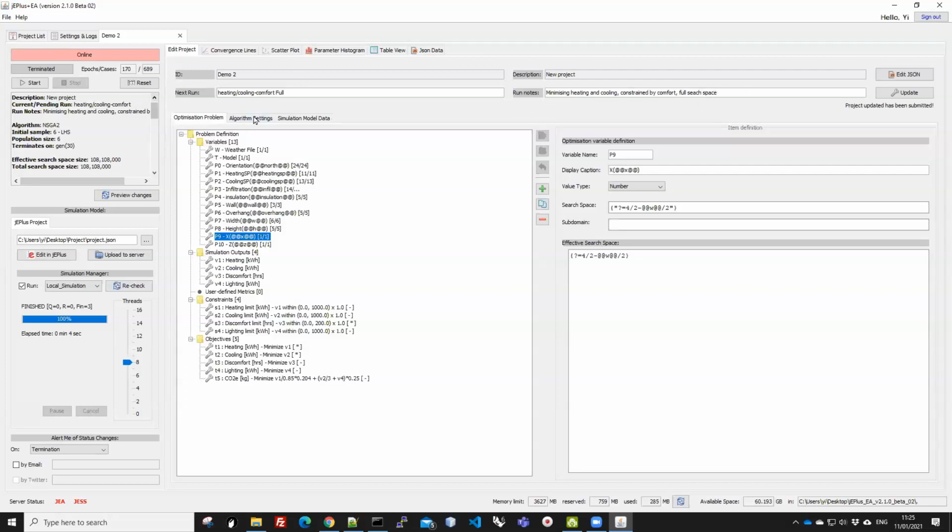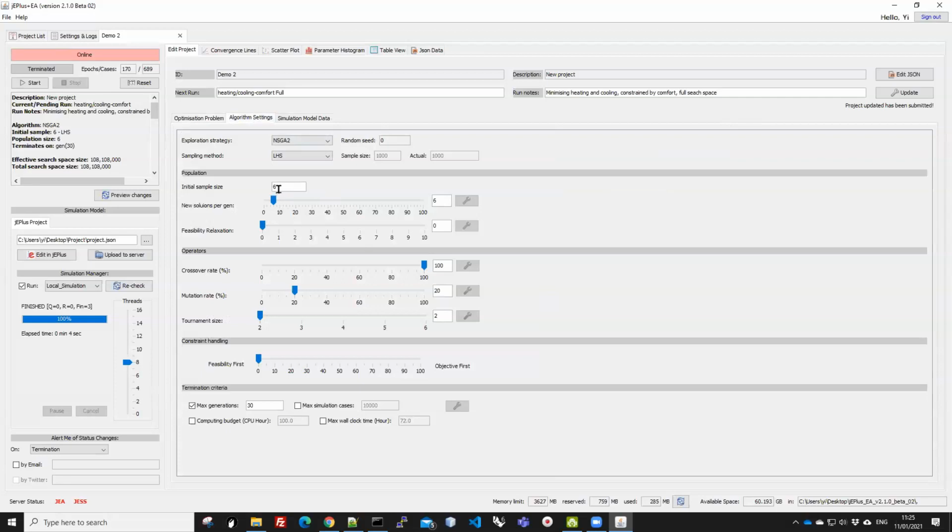With a full search space, in this case, I'll need a larger population size, I think. Give it 20, and let it run a bit longer. And I think that'll be it. Change it to 12, update.